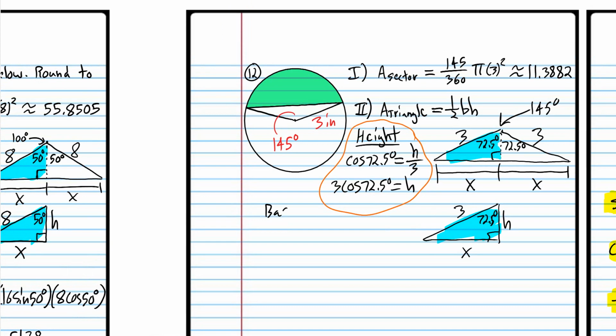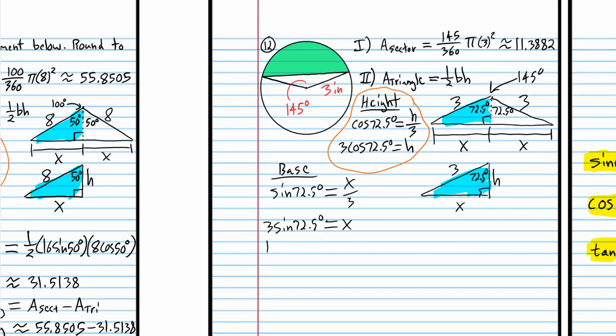Now we're going to find the base. That's going to use sine, because sine is opposite over hypotenuse. So we're going to find the opposite using the hypotenuse. So x over 3, multiply both sides by 3, and we get 3 times sine 72.5 degrees.